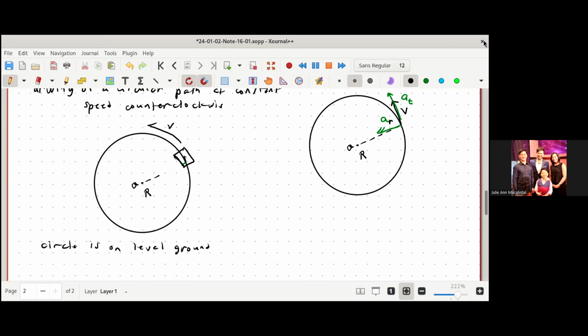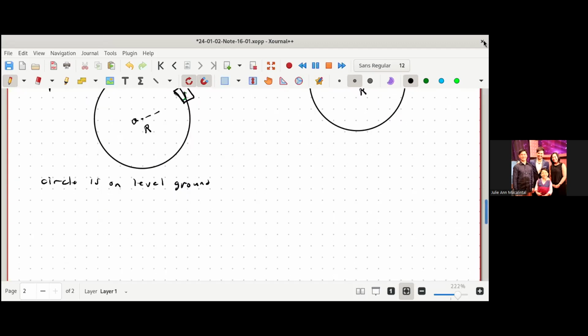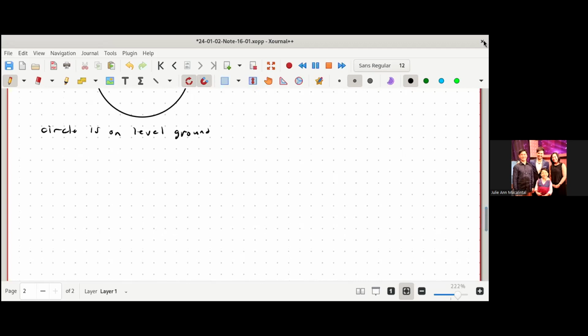So this is the top view. The side view will look like this. So let's say this is the mark for the center of the circle. This is the side view.